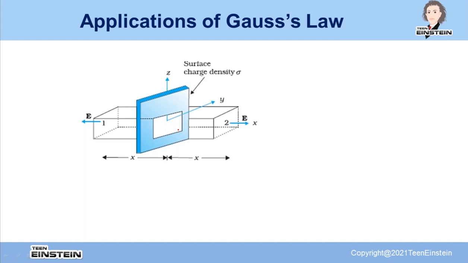Understand? By symmetry, there will be no electric field along this direction. Do you understand or not? This is by symmetry of the plane surface. So there will be no flux through the other surfaces, along the y direction and z direction. Will there be any flux? No, right?